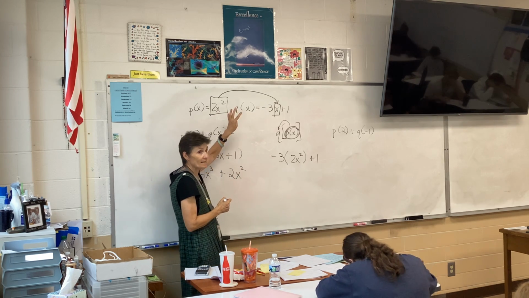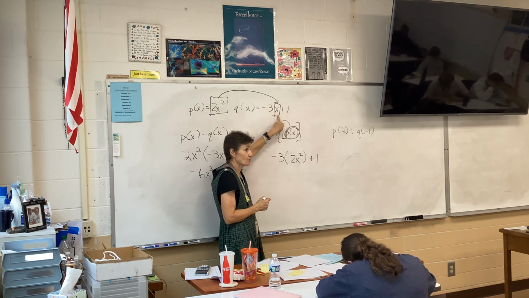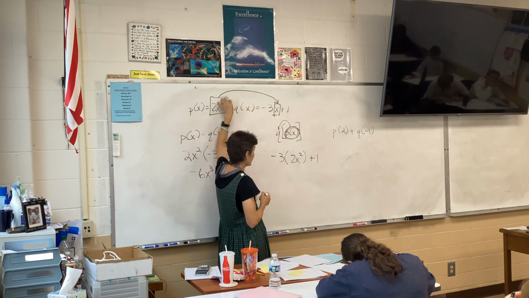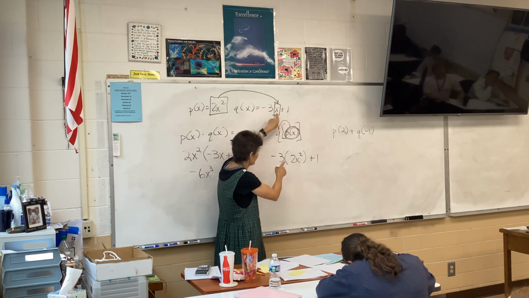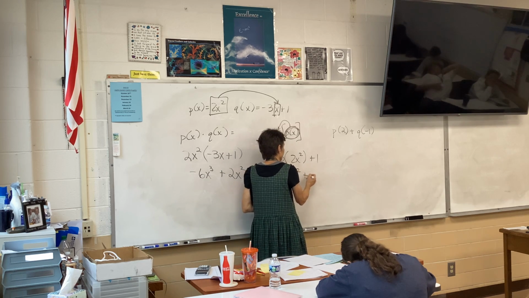Whatever P is gets plugged in for the X in Q. So 2x squared goes right here. So what's the answer? Negative 6x squared plus 1. Done.